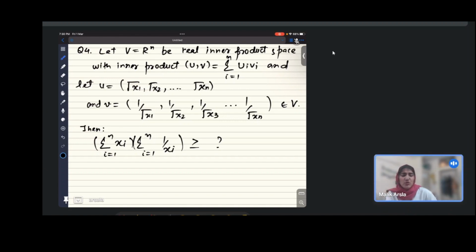I will tell you two ways of doing this question. One is very basic, you have seen that from class 11, 12, and the other you must have read in the lectures. Do you know about the Cauchy Schwarz inequality?